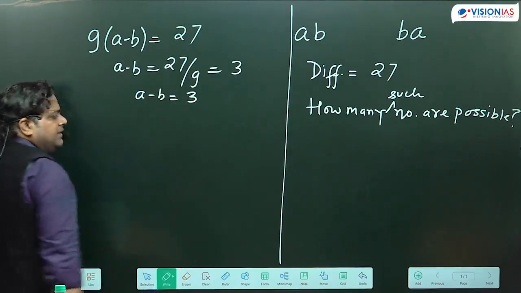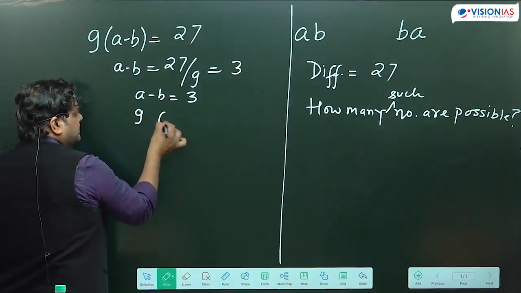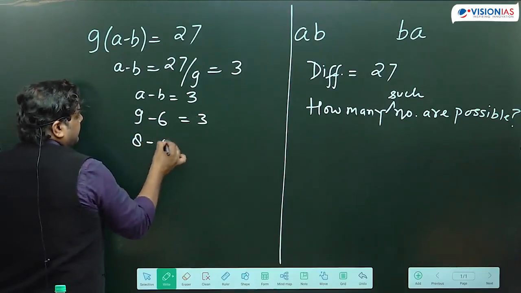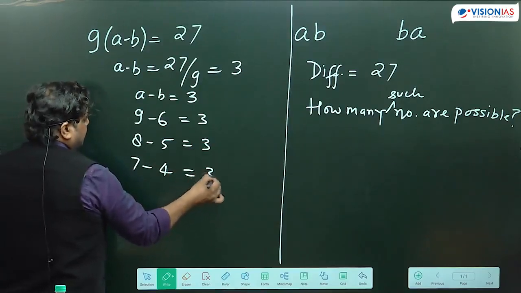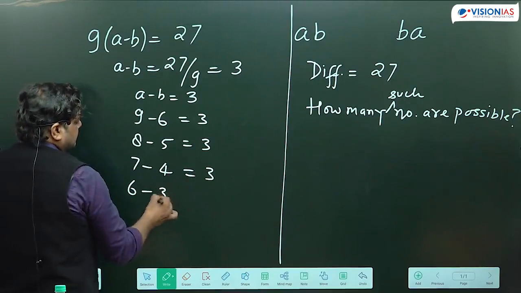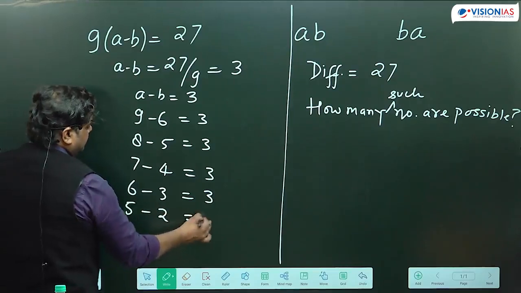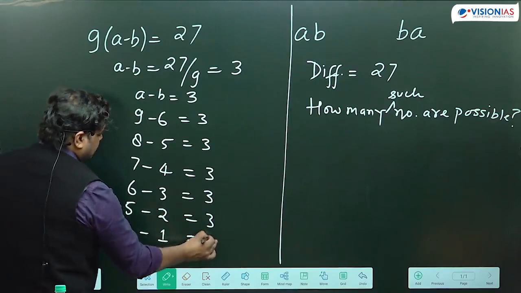What are the possibilities? The maximum value we can take for a is 9, so b is 6, then 8 and 5, 7 and 4, 6 and 3, 5 and 2, 4 and 1.